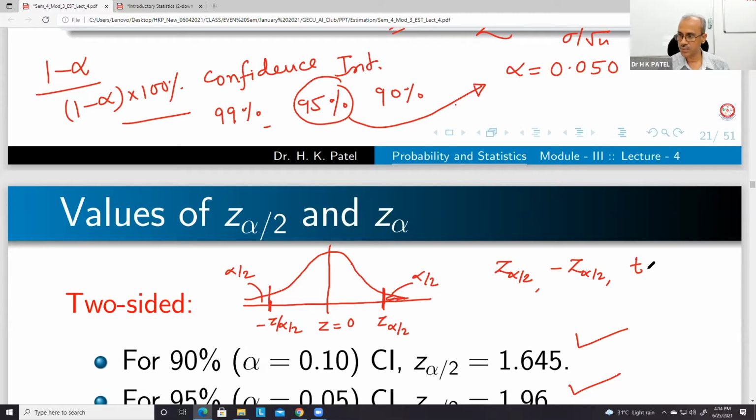Similarly, in case of T distribution, T alpha by 2 and minus T alpha by 2, because the T curve is also symmetric. These points are called critical values.